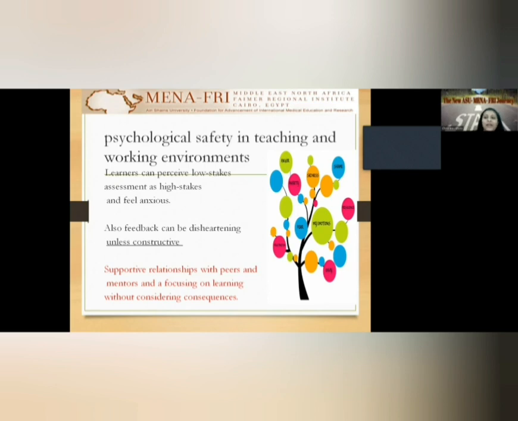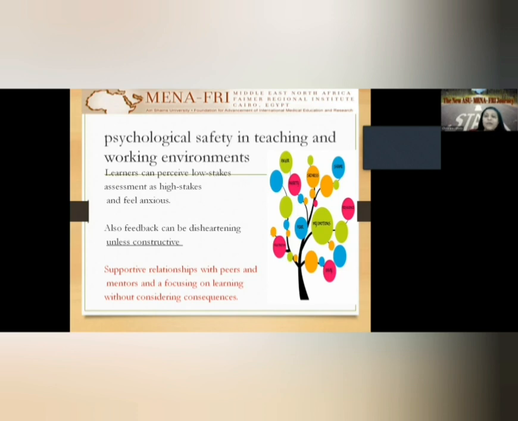So the student may be very anxious through the whole years, but this is not the aim of programmatic assessment. The aim is to focus on learning without considering consequences, at least for the low-stake ones. So a supportive relationship with peers and mentors can help to overcome this psychological disturbance.